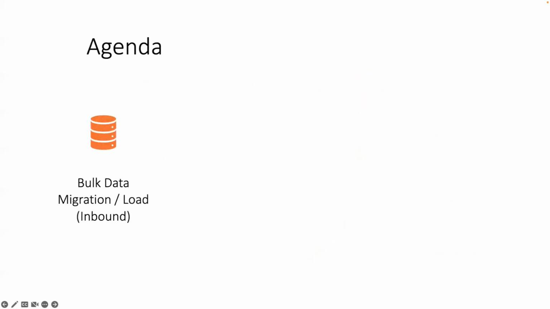So core agenda, we'll be looking at bulk data. I'll be taking you through the file-based data loader. There are some videos on the HCM loader, and also I'll show you some of the other capability within the bulk loading of data. So you have two sides. You have the inbound data coming in.